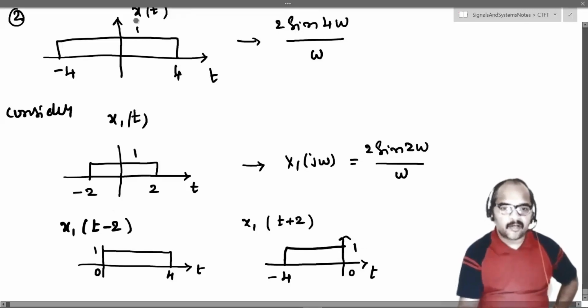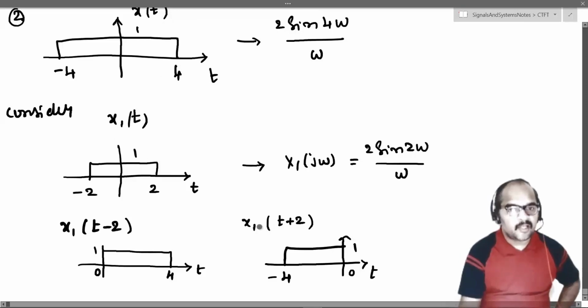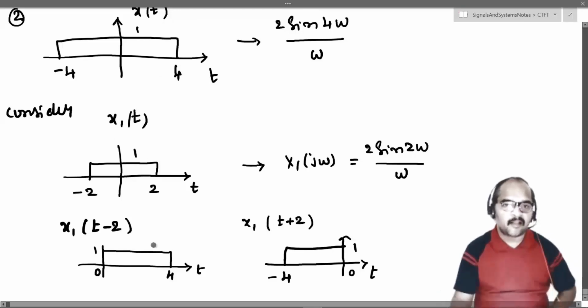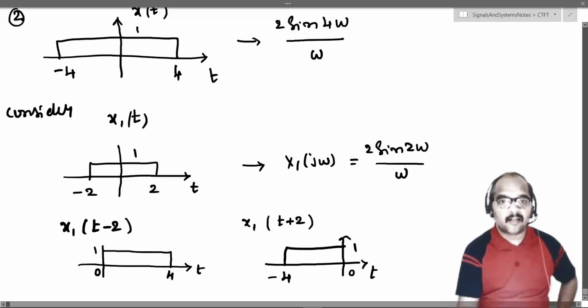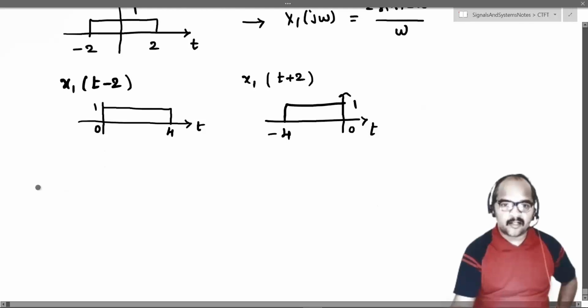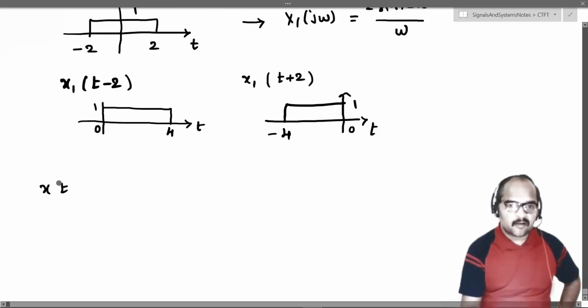How do you get x of t from x1 of t minus 2 and x1 of t plus 2? Just add them. You will get our signal x of t. So we see that x of t equals x1 of t plus 2 plus x1 of t minus 2.